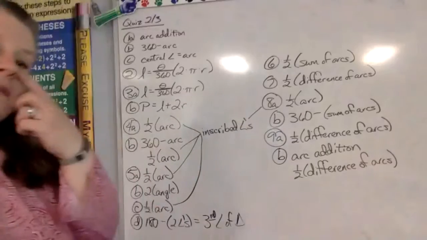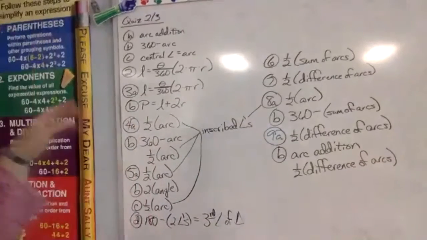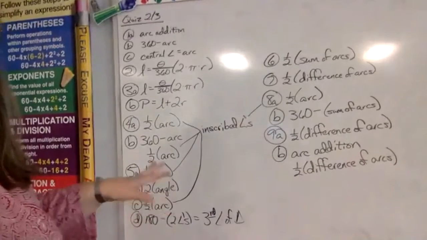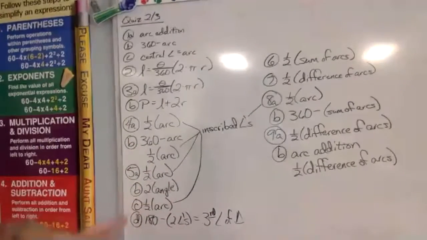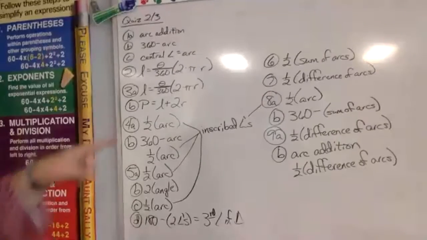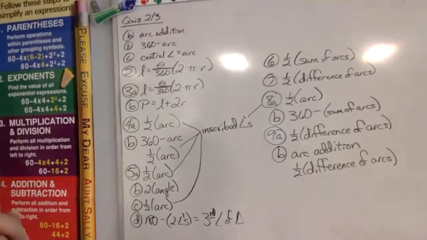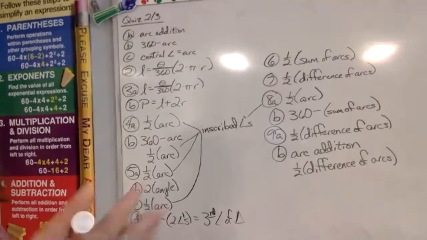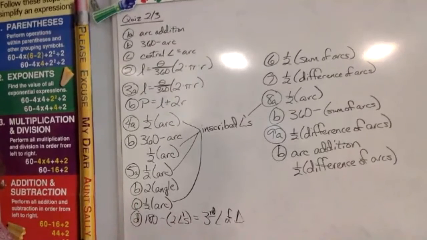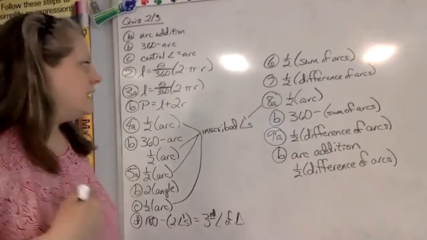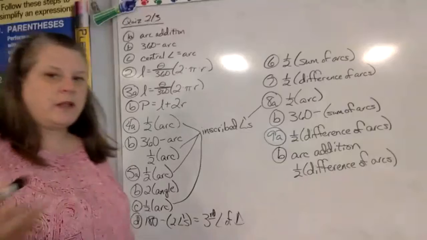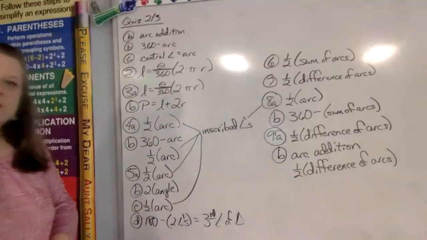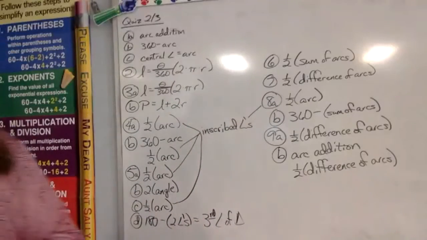But what I would like for some of you to do is actually write this down somewhere or look at your answers again for your quiz, looking at this and double check stuff and see, wait a minute, I didn't do anything with 360 on that problem. Maybe I need to go back and fix that. Or I didn't take half of an arc, I multiplied. So go back and double check your answers for those.